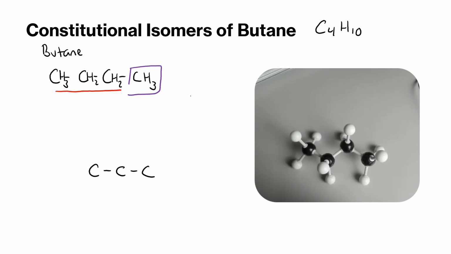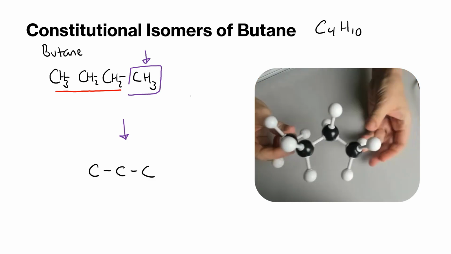That alkyl group that we are removing, that methyl group, needs to bond to an internal carbon, because if we go with a terminal carbon, we just reform butane. So we need to put it into a branching position. Here, it would be carbon 2.